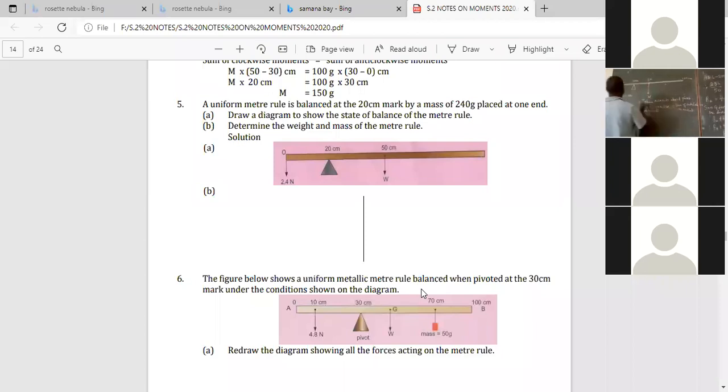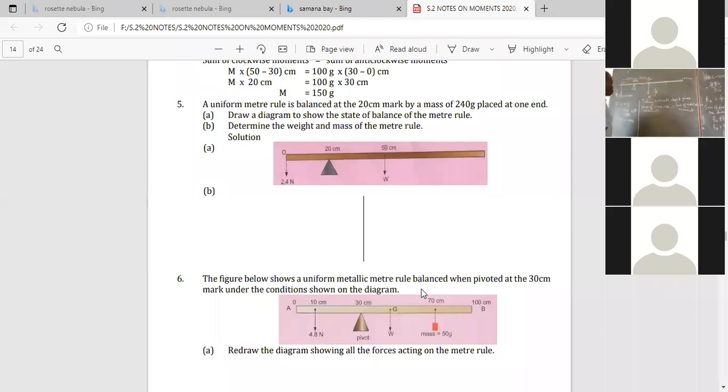So we see that direction and this direction. So what are the clockwise moments? By the way, did you get the distances? Yes. What are the distances? 20, and then 30, and the other is 50. Okay.